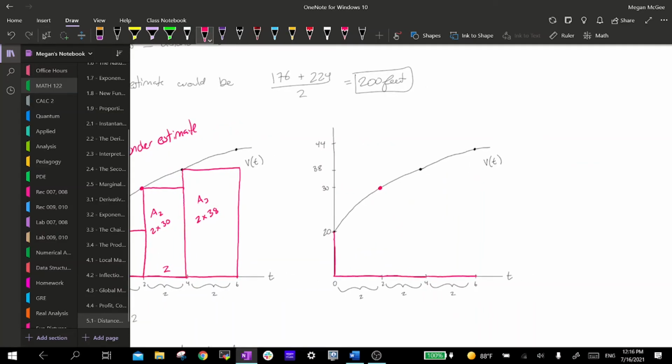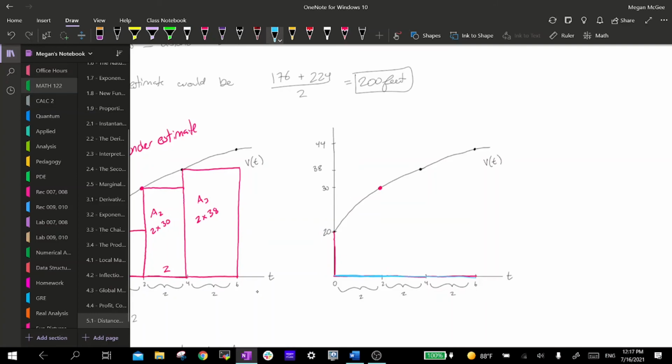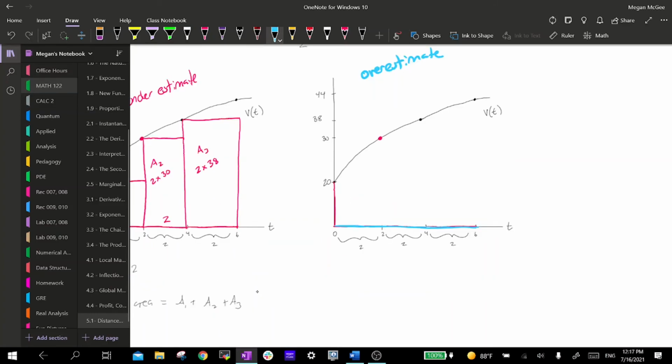Alright, our intervals are going to remain the same, but I'll go ahead and draw them in a different color. Alright, my color needs to be bigger. There we go. And so let's think of how we calculated our overestimate a moment ago. We picked the higher possible value when looking at our rate.